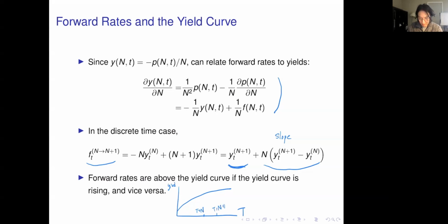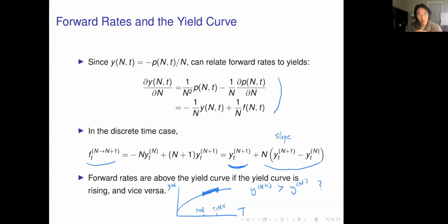Okay, so whether the yield curve here is upward sloping or not, in other words, whether the yield at n plus 1 is here versus the yield at year n, which one is greater?